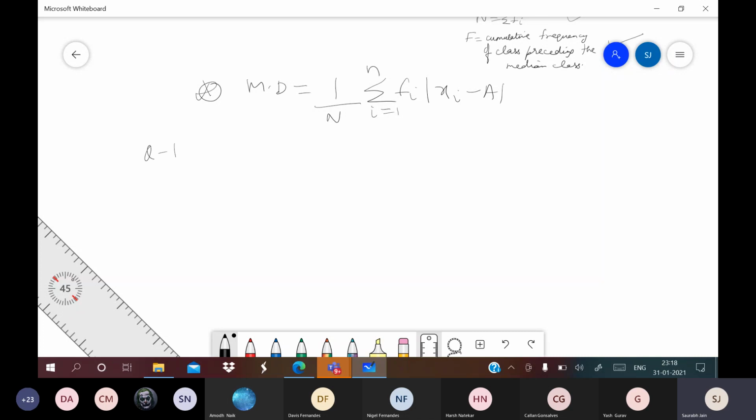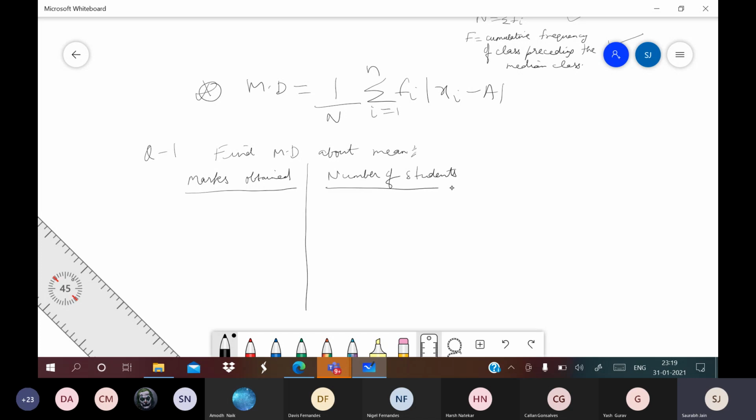This is the first question. Find mean deviation about mean. Marks obtained and number of students, this is the table given.